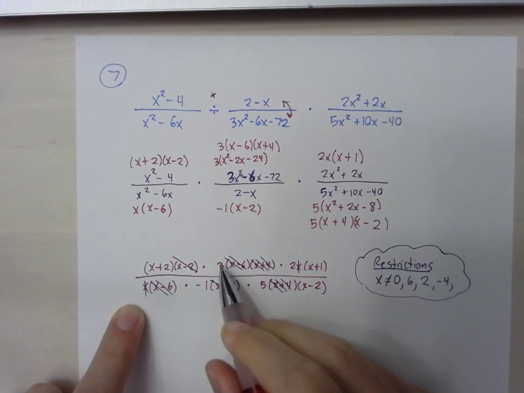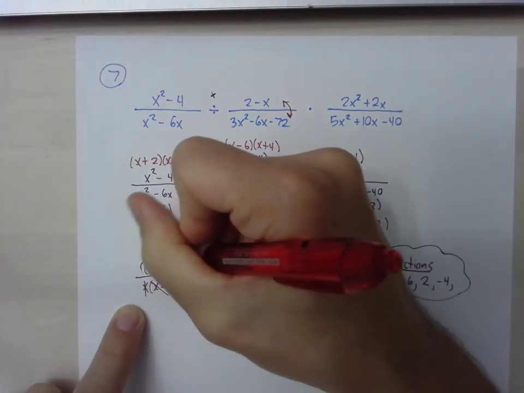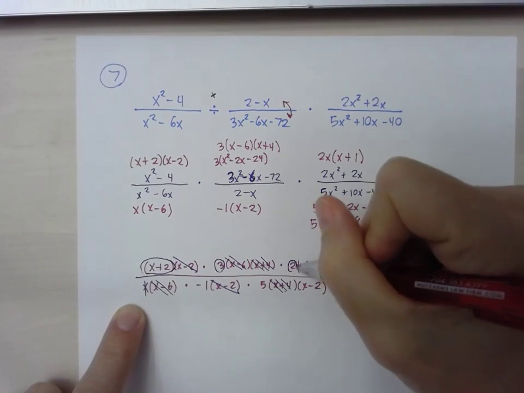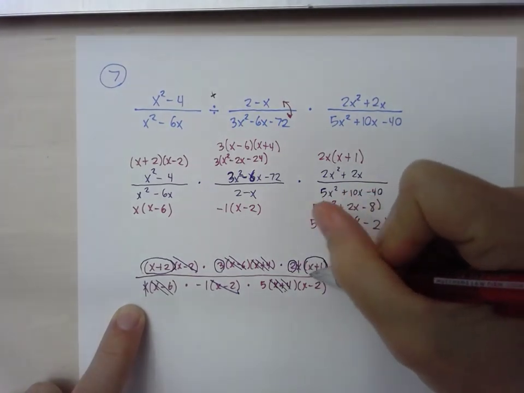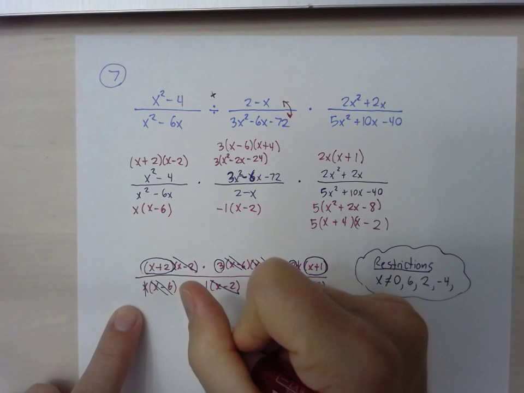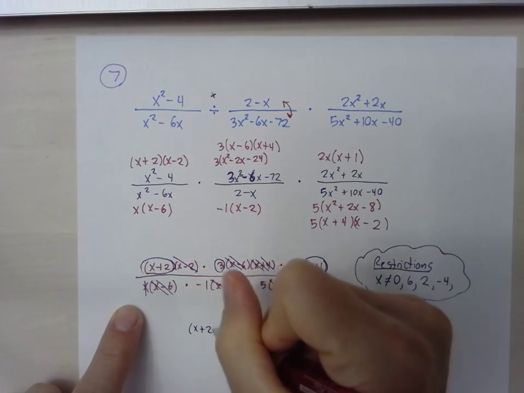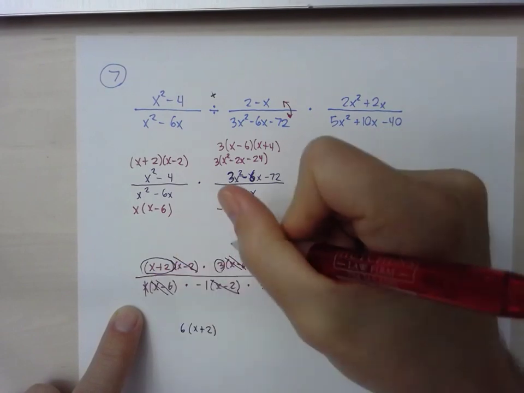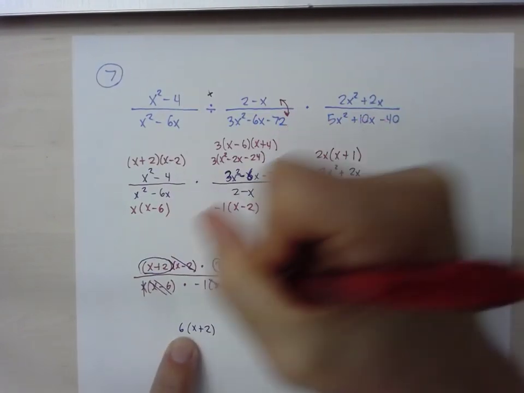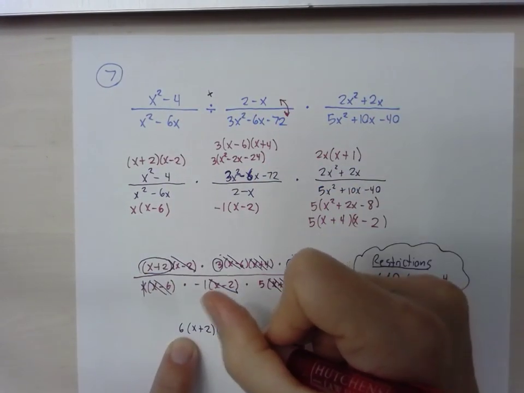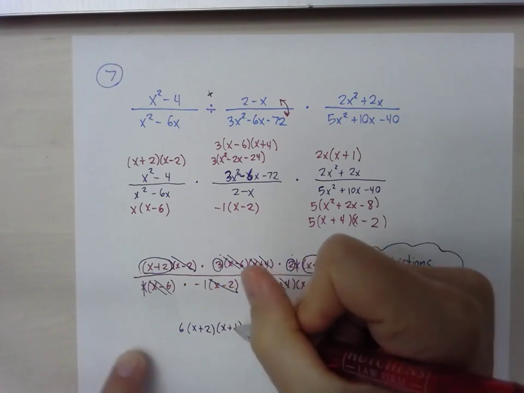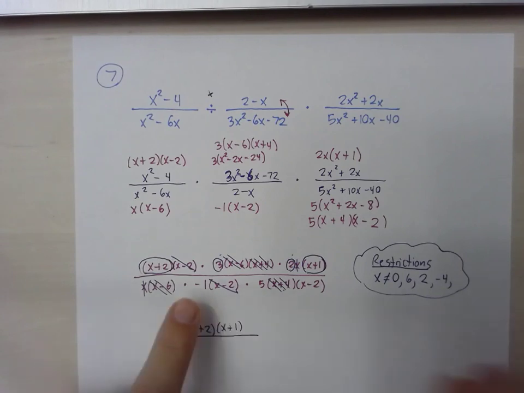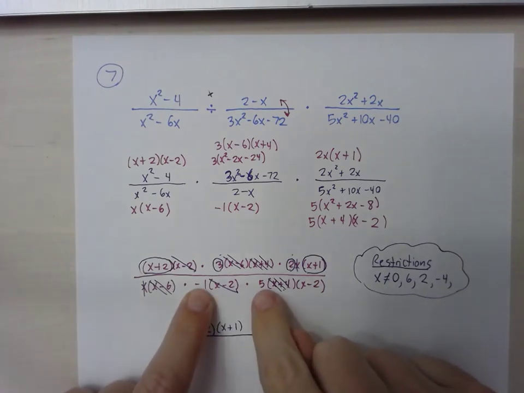And so let's see what I have left. I have an x plus 2, a 3, a 2, and an x plus 1. So let me rewrite that. 3 times 2, that's going to be 6, and then I have an x plus 1. The denominator has a -1, a 5, and an x minus 2.